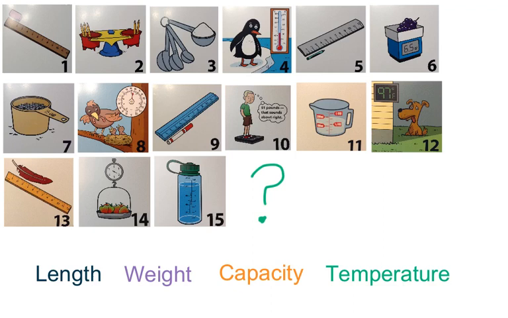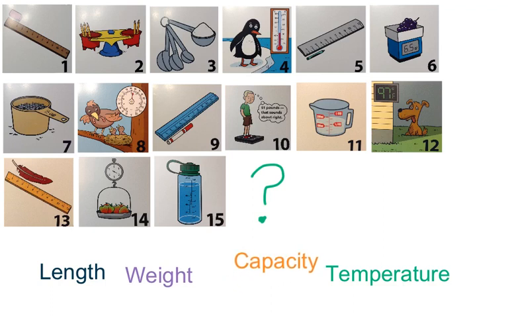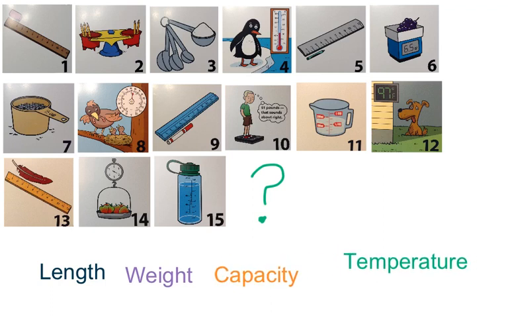If you need to, say the pattern out loud for yourself. What day do you think is going to show us today? Is it going to show us length, weight, capacity, or temperature? Go ahead and write down your prediction. Now we'll see if you're correct.